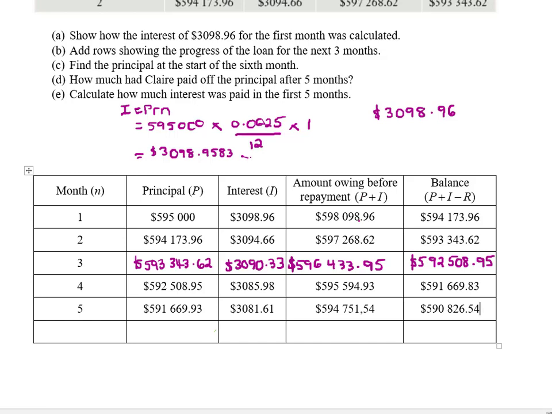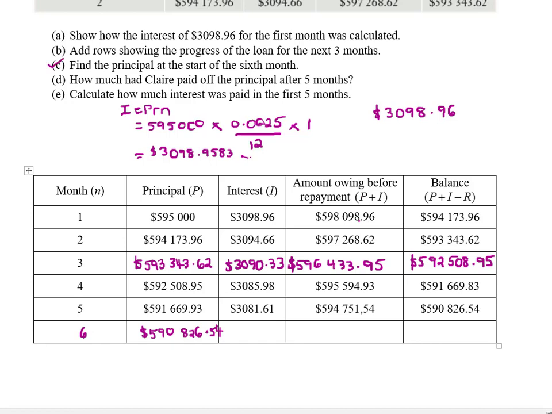Well, what it is at the end of the 5th month is the principal at the start of the 6th month. So if I was to put a 6 here, I'd just be writing the $590,826.54. So that is the answer to part C.